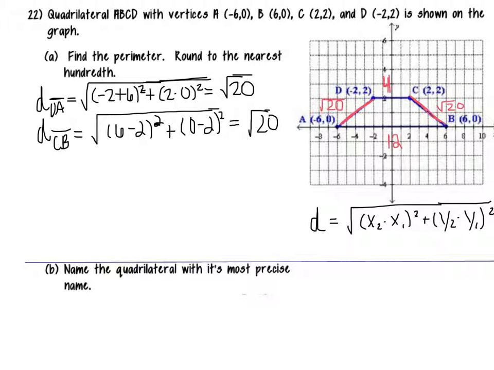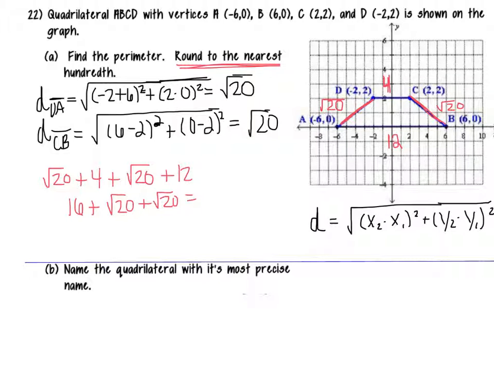All right, so now I know that perimeter is the sum of all my sides. So I have the square root of 20 plus 4 plus the square root of 20 plus 12. Okay, so I basically have 16 plus the square root of 20 plus the square root of 20. All right, so I'm going to add all of that in my calculator, because it tells me to round.